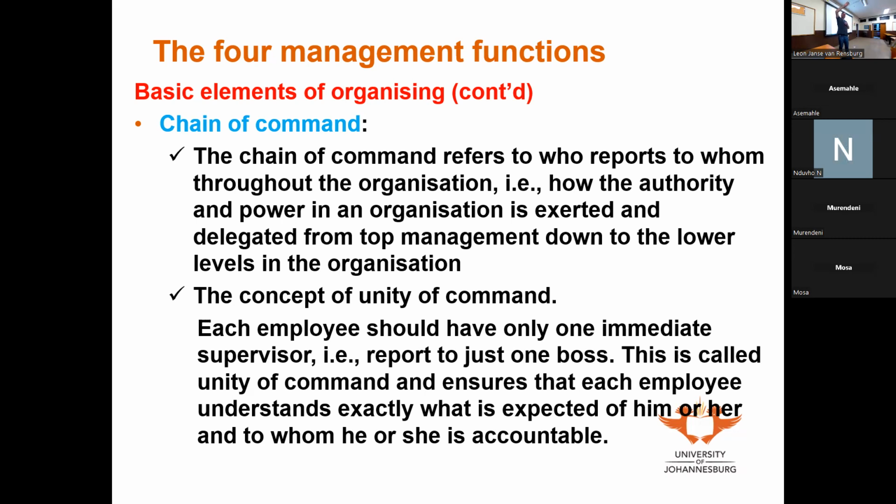Say, for example, your function is HR, but now there is a project that runs through the entire organization, and the project manager comes from somewhere else. You've got your own manager and the project manager. Then you no longer have unity of command. To manage that as an employee takes some self-leadership.